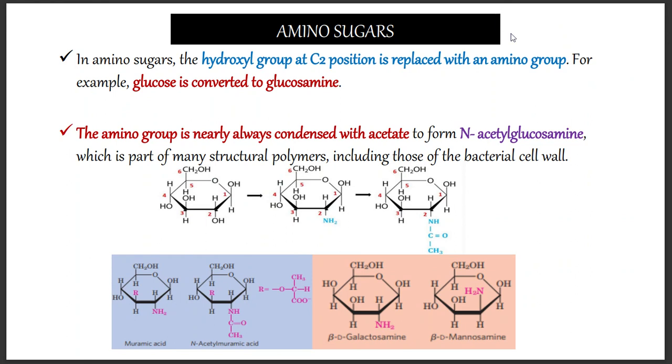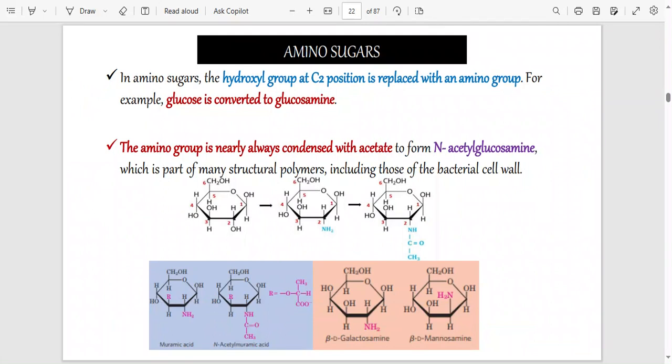All right. Amino sugars. For these, what happens is that you take the OH at carbon number 2 of, let's say, glucose, and you substitute it with an amine, an amino group, which is basically NH2.